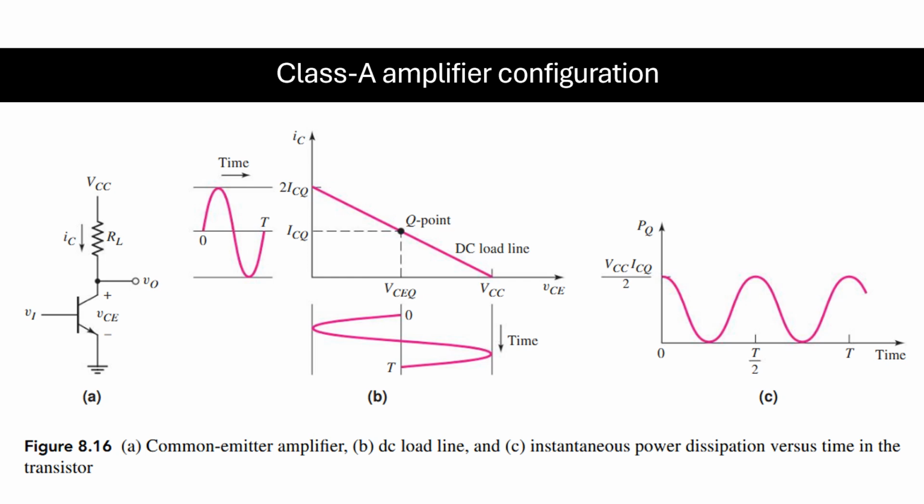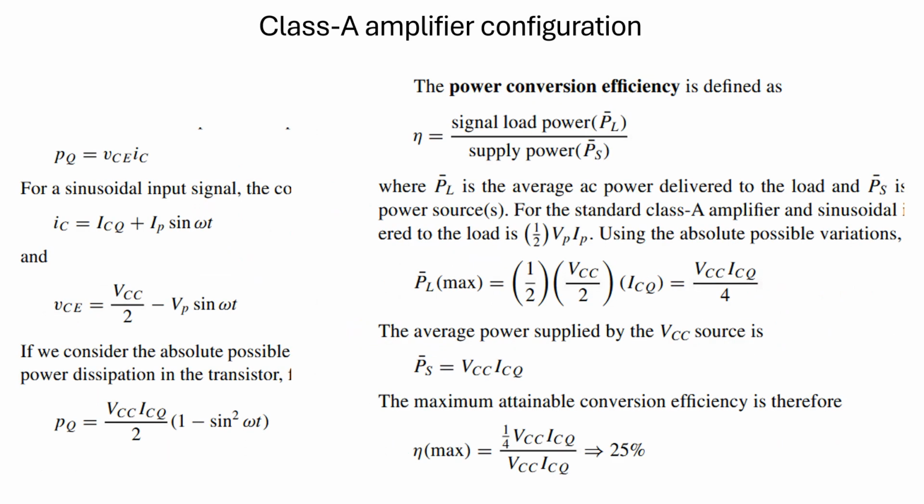This is a very similar configuration to what we studied during the common emitter amplifier. Here we can find out V and I: IC will be ICQ plus IP sin omega t, where IP sin omega t is due to the input signal that we want to amplify with this class A type of amplifier.